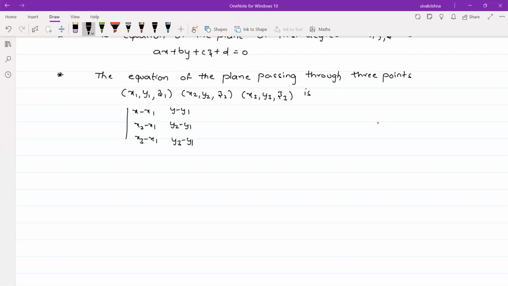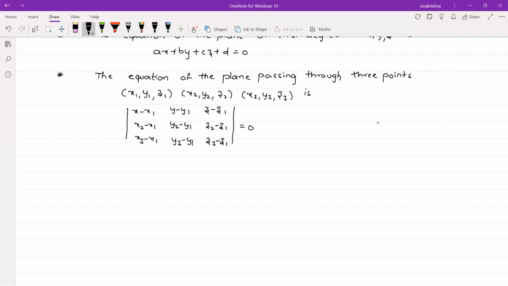The third column is z minus z1, z2 minus z1, and z3 minus z1. So this is equal to 0. This is the formula we have to use to find the equation of the plane passing through 3 points.